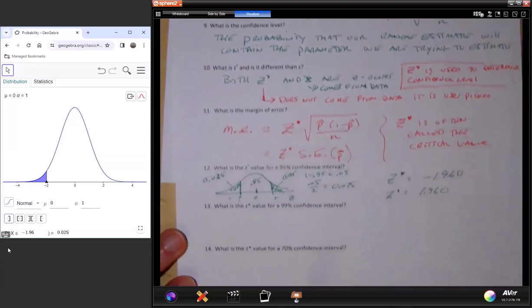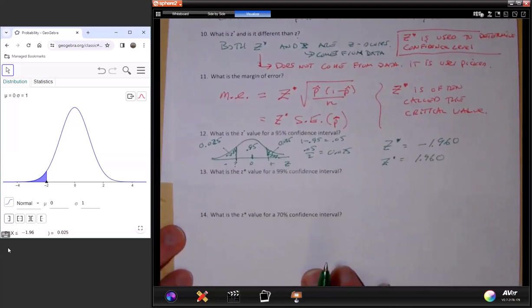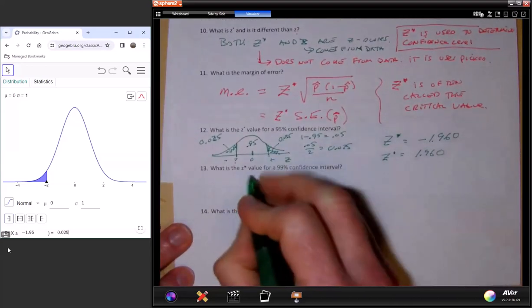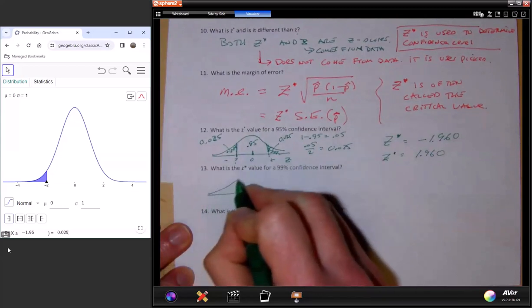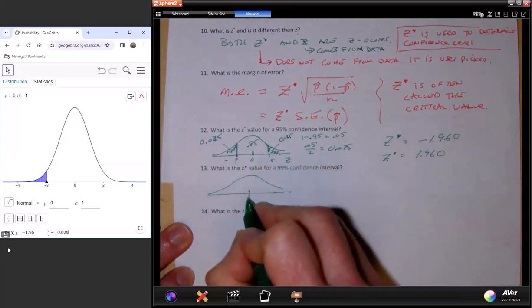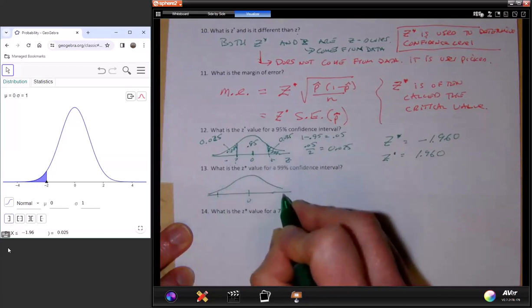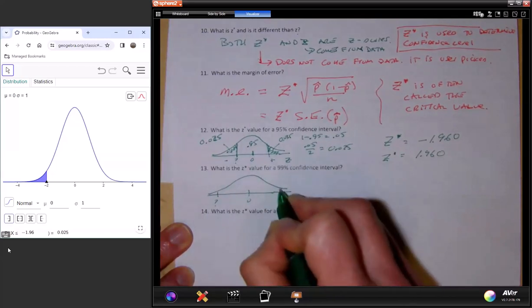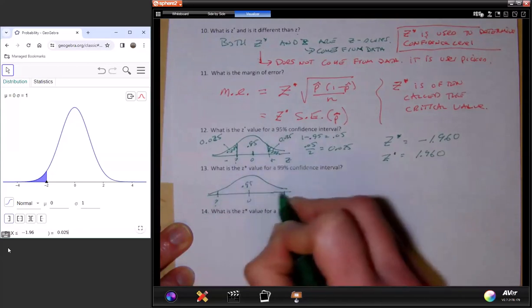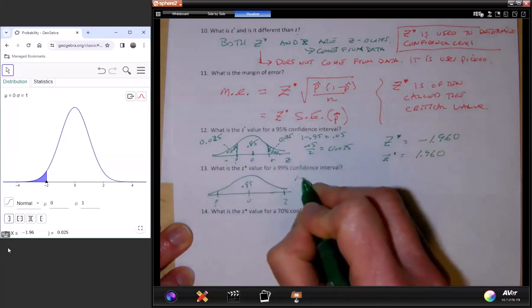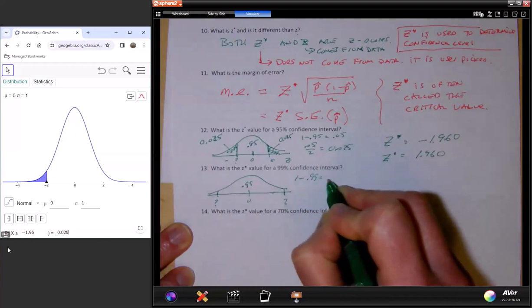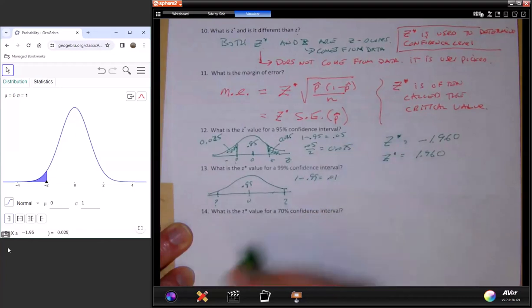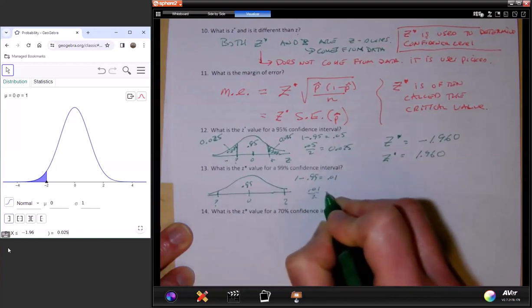So if that's the case, let's find the one for the 99% confidence interval. Using the same logic, I need to figure out what these 2 values are, but then I'm looking at the middle, 0.99. This leaves 1% on the two sides, so we're going to take that divided by 2.